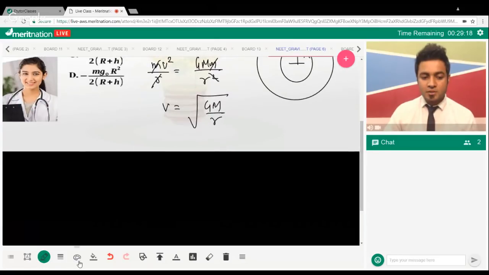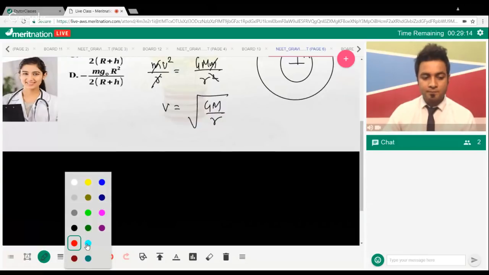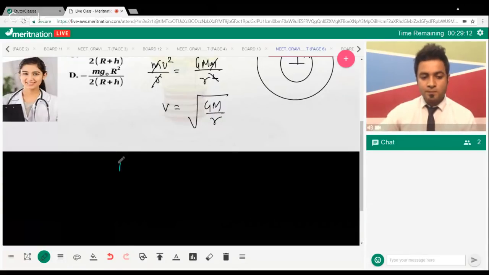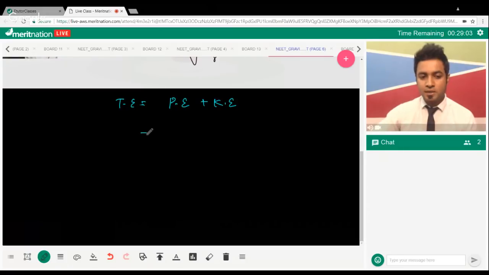So if I want to write the total energy here, what would it be? The total energy would be the sum of the potential as well as the kinetic that I have already told you. So here you know that the potential energy would be negative, that is minus GMm upon r, plus half mv square, right?